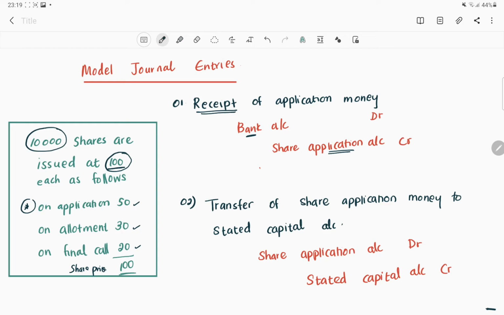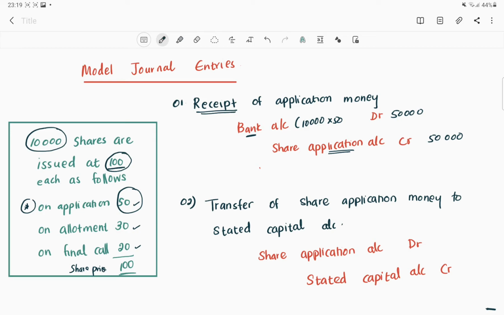According to this example, 10,000 shares into 50 rupees, which means 50,000 should be debited to the bank account and 50,000 should be credited to the share application account. So this is to record the receipt of the application money.